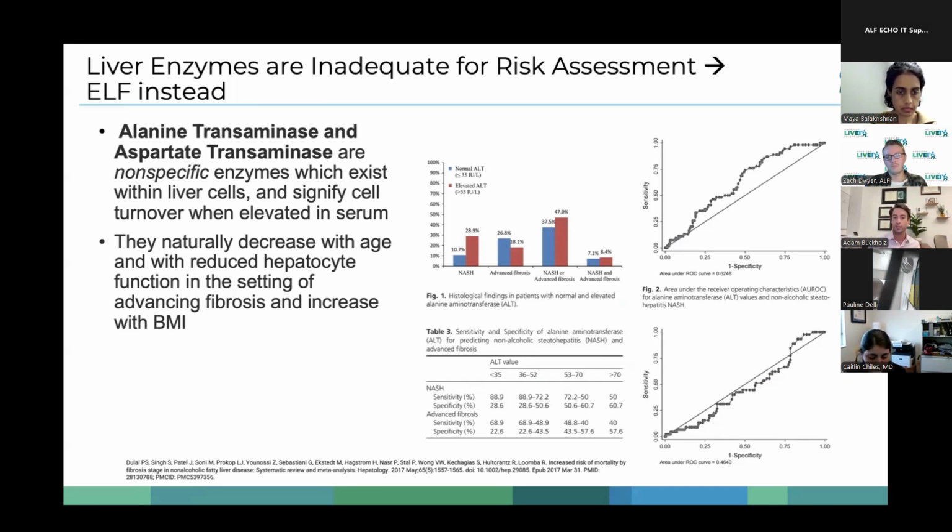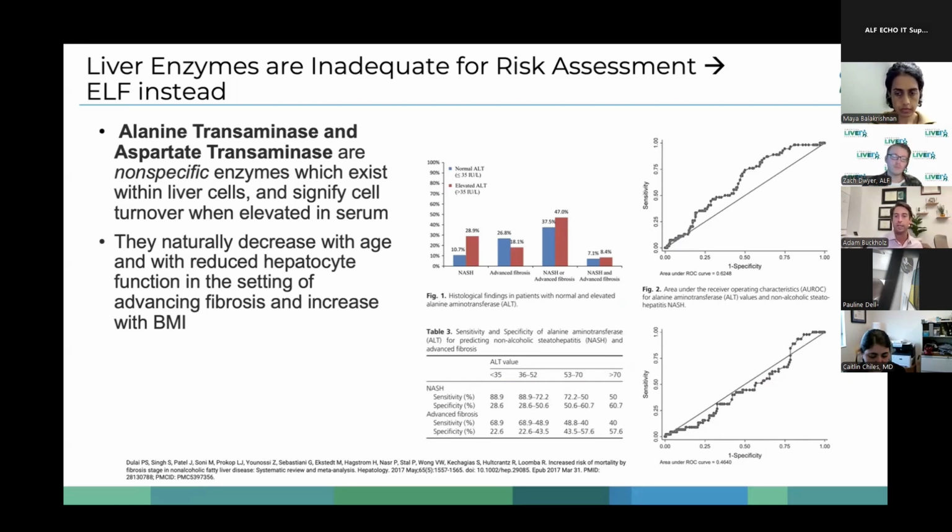They also naturally decrease with age, and as fibrosis gets worse and hepatocyte function worsens, you may actually see them go down paradoxically. They also increase with BMI, so it can be tough to interpret. All the time, we'll have young patients with fairly early disease, but because they're young and very obese, they'll have very high liver enzymes.